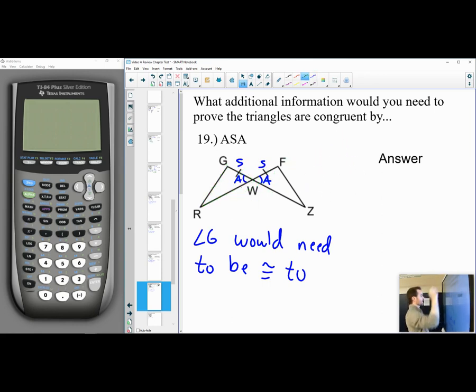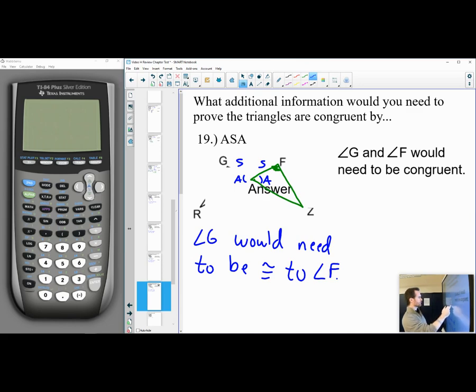In this triangle, to use angle, side, angle, the angle that would make the side in between the two angles is angle F, because then it would be angle, side, angle. Two angles with the side in between them. So angle F. Check the answer. Angle G and angle F would need to be congruent. Good.